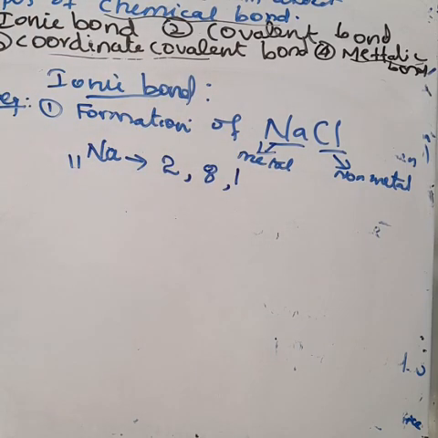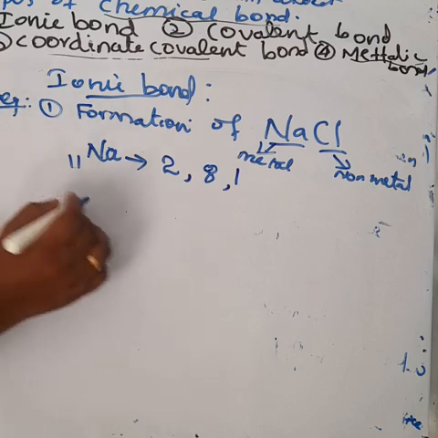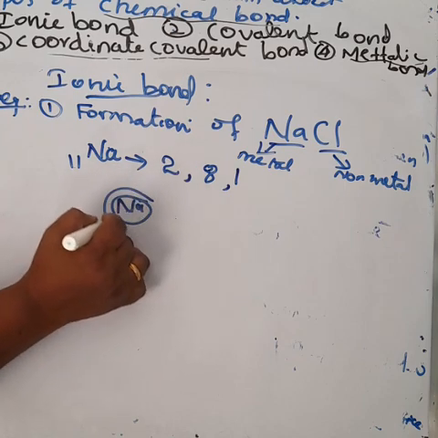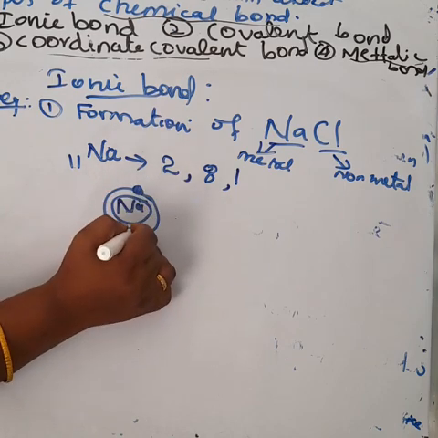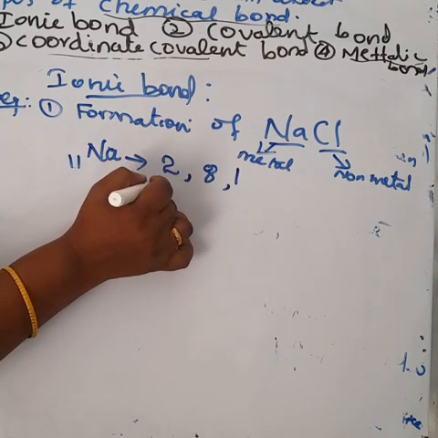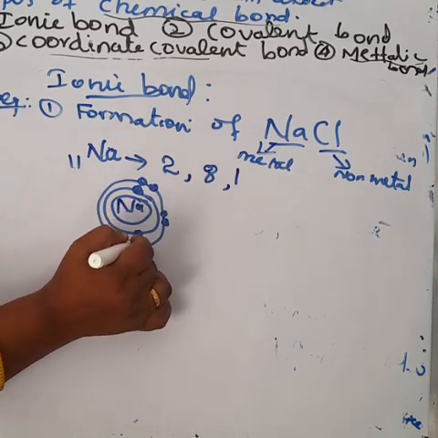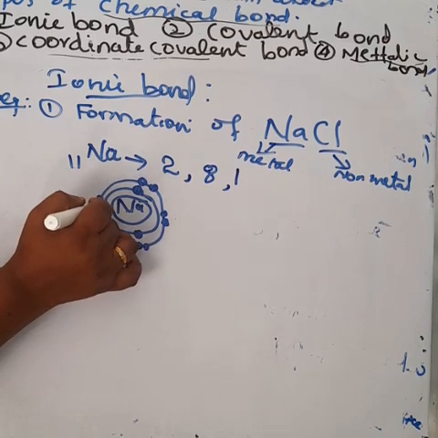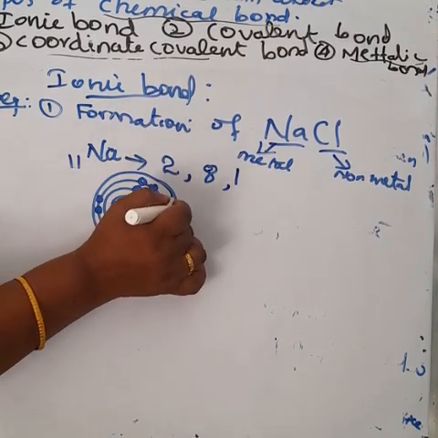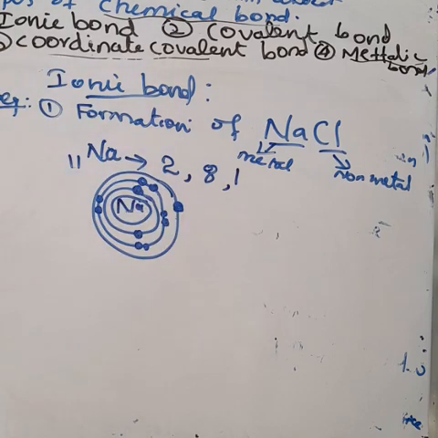This is the sodium nucleus. First orbit, 2 electrons. Second orbit, 8 electrons. And the last orbit, only 1 electron.